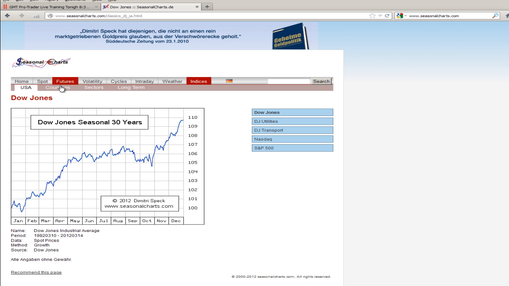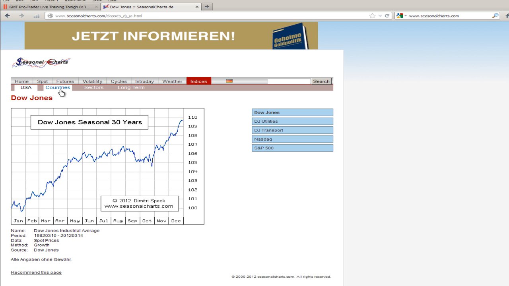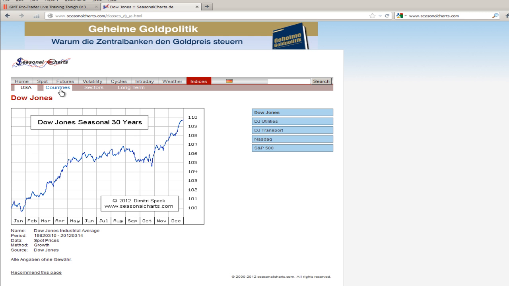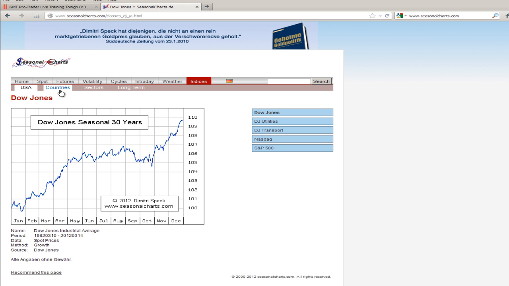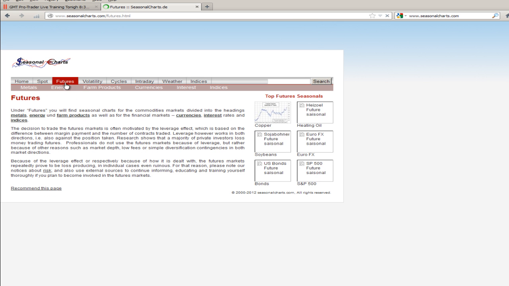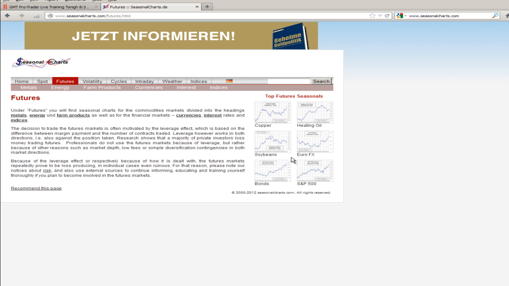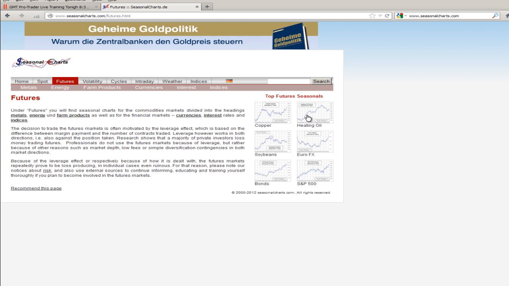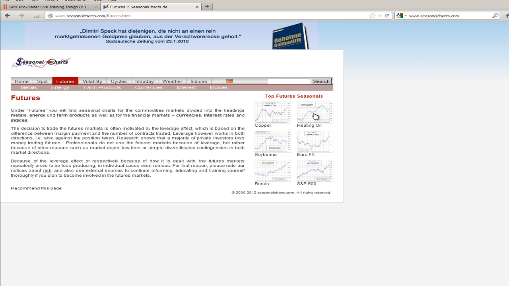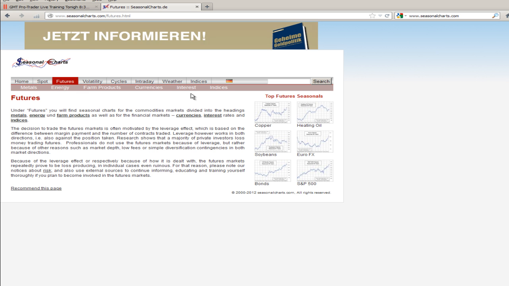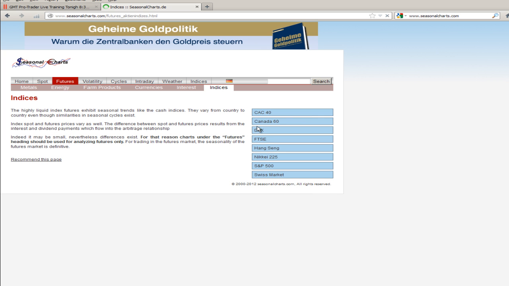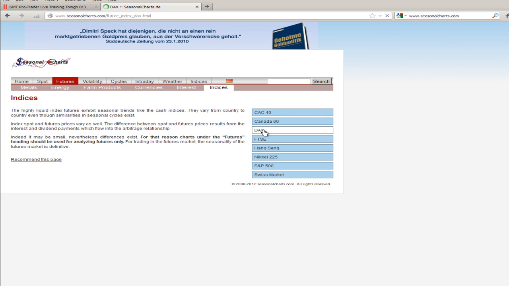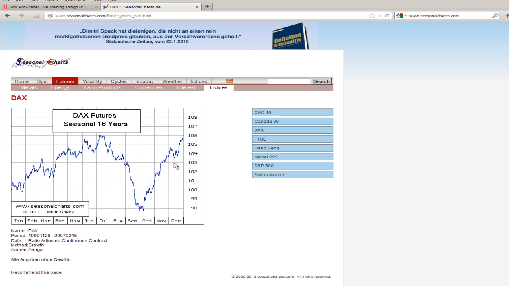So if we go to the DAX and have a look. We know that the DAX is highly attuned to what happens in the US, so we would expect a similarity. We'll go to our indices, and go to the DAX. We would expect that there would be a bias.